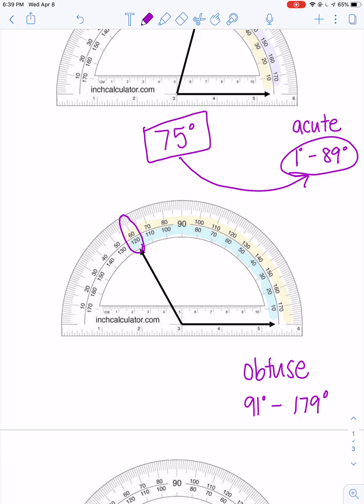So, thinking reasonably, 60 doesn't fall in between my range of 91 and 179. So therefore, it has to be 120 degrees.